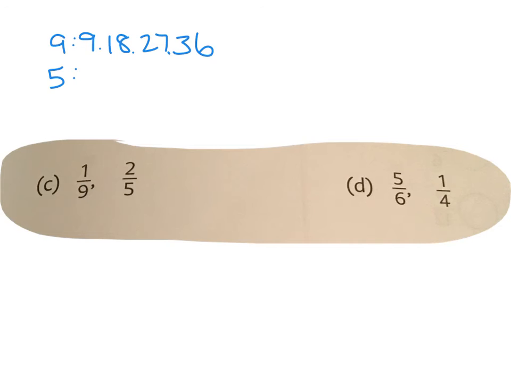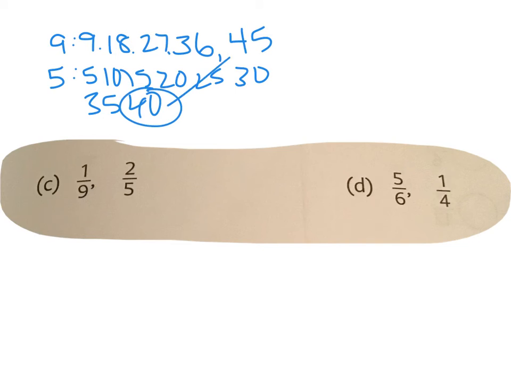I know that a multiple of 5 ends in 0 or 5. Haven't reached it yet. Oh, but here we go, 45. So that is going to be the common denominator. 5, 10, 15, 20, 25, 30, 35, 40. Oh, 45, sorry. 45 is the common denominator.